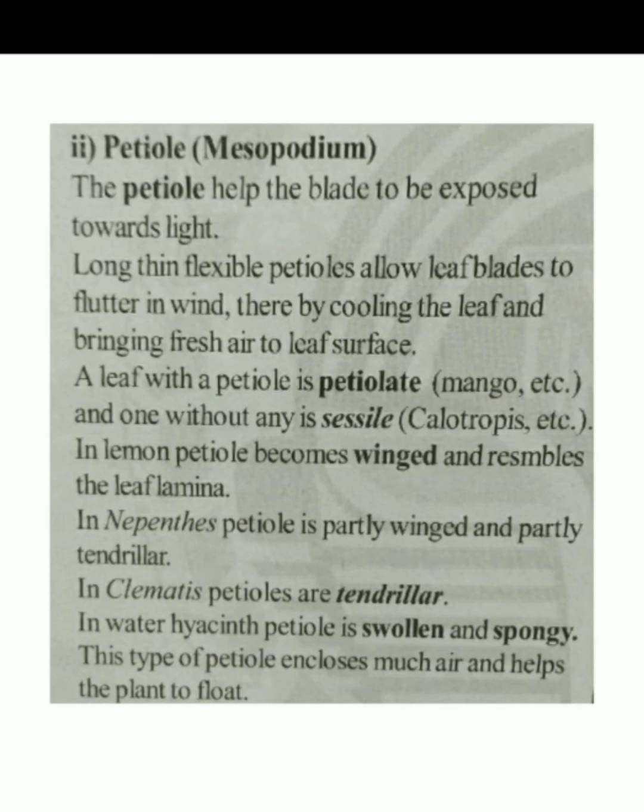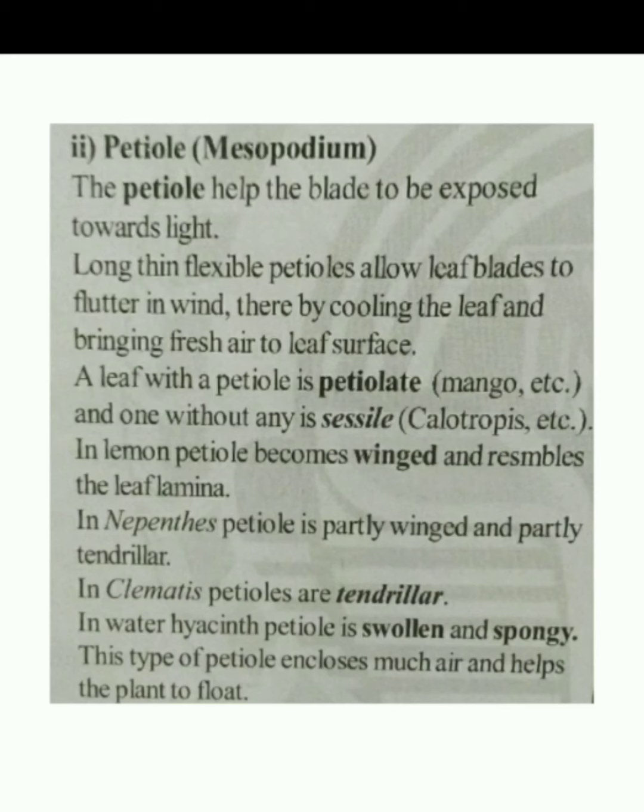Now the next part of the leaf is the petiole. Petiole is also called mesopodium. As I told you, it is present in between the leaf base and the lamina. So what is this petiole doing? The petiole helps the blade to be exposed towards light.